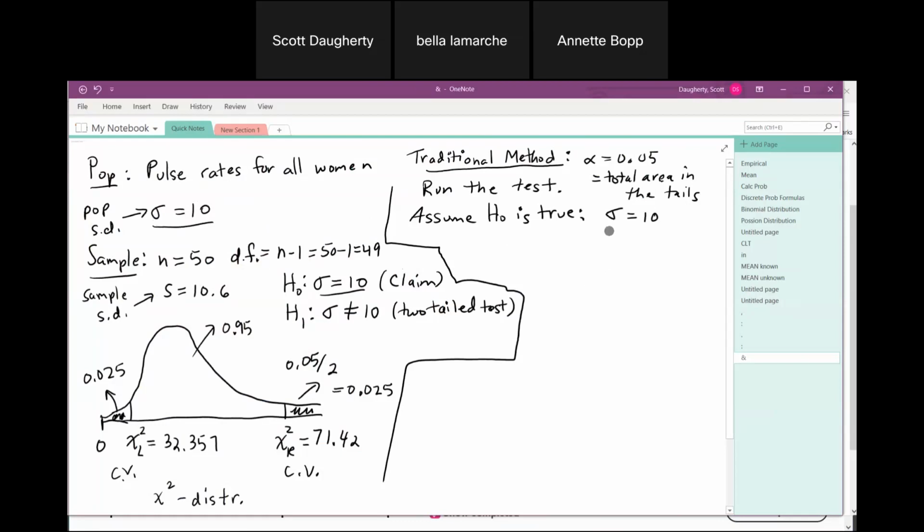Okay, so assuming the standard deviation is 10 from the population, we're going to find our test statistic, which in this case is a chi-square value.